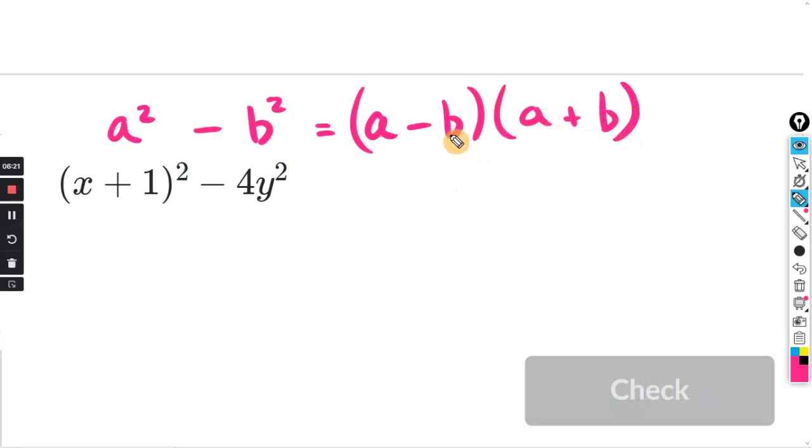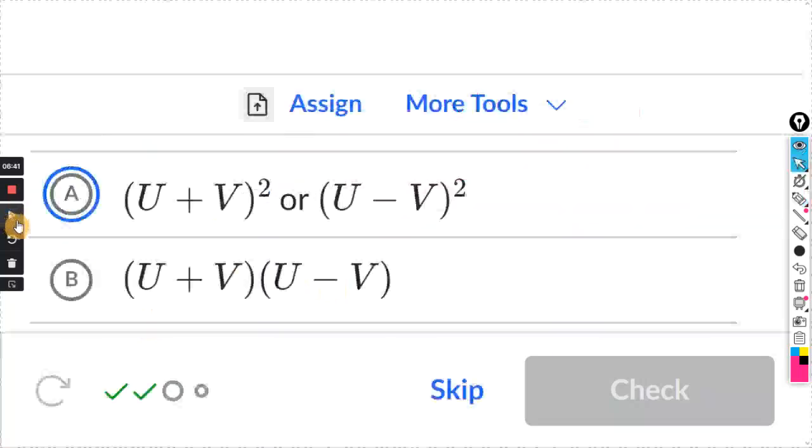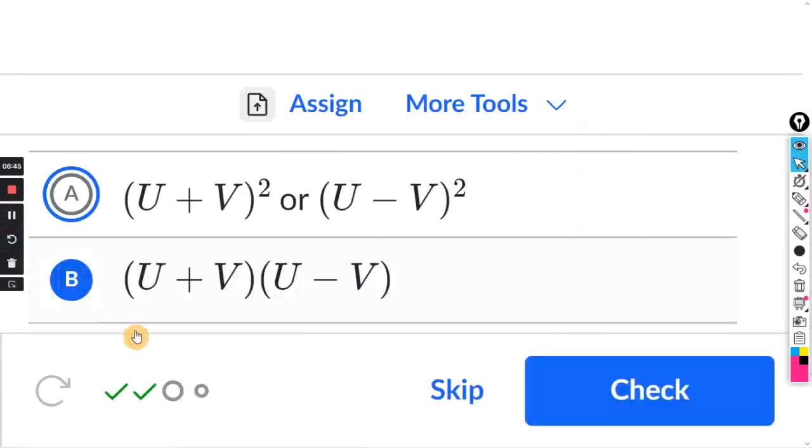Okay, the middle term is negative ab plus ab, so it cancels. And the last term is negative b times b, that's negative b squared. So what we have here matches this right here. This is the factored form of this. So a minus b, a plus b, same thing except they used u and v.